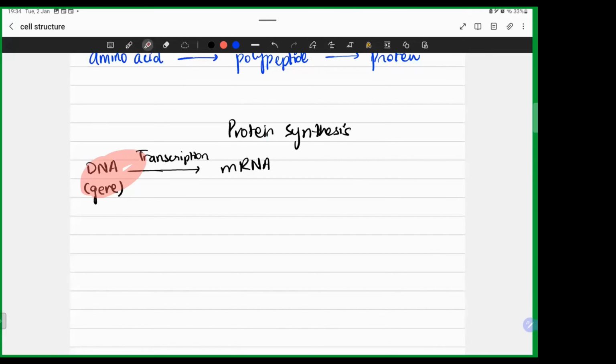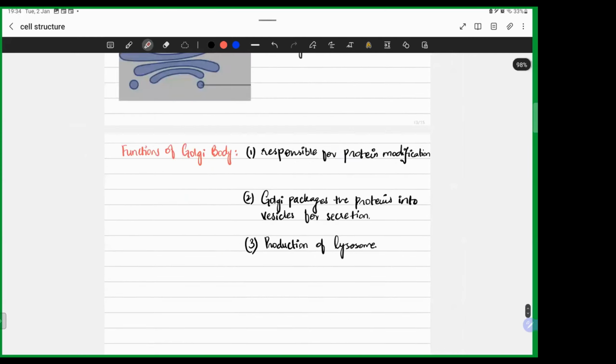So only this part is occurring inside the nucleus. So we are yet to form the polypeptide and the protein. The mRNA would exit the nucleus and the remaining process, the second part, which is translation, will occur in the cytoplasm. So in the nucleus, we have only formed mRNA, and then the nucleolus had formed the ribosomes.